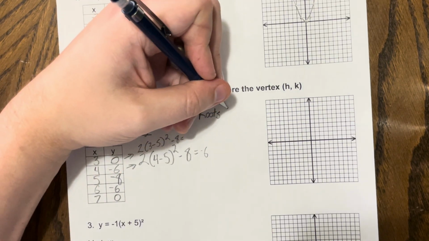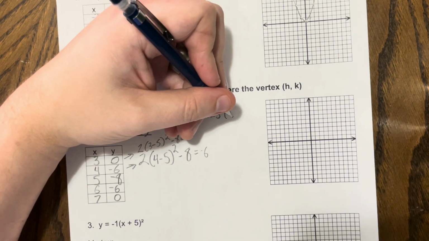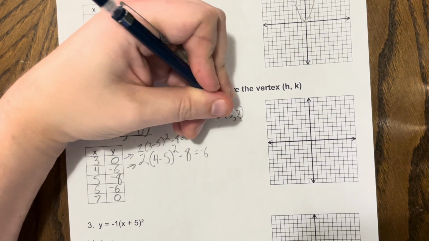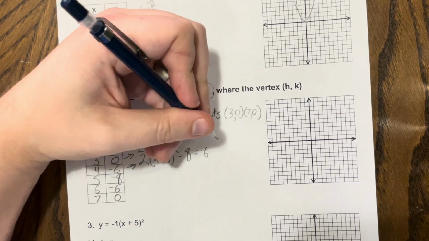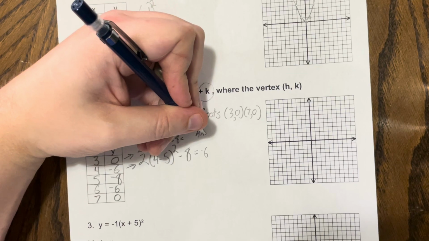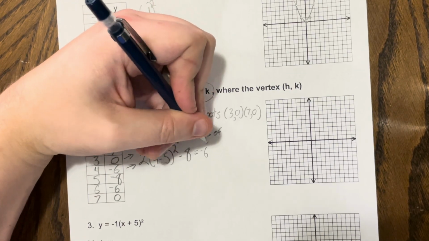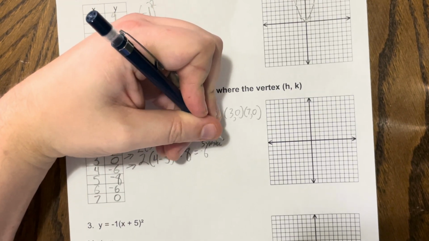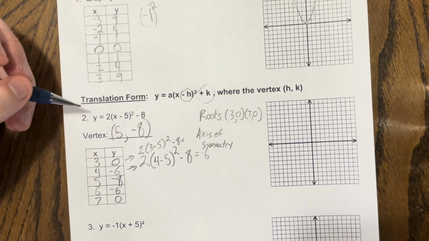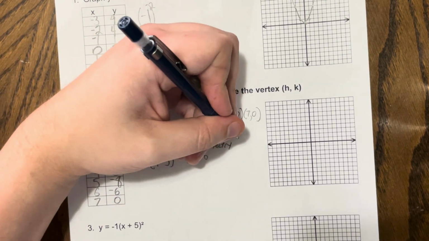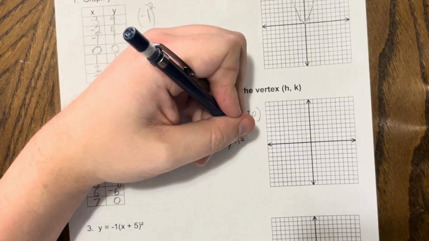My roots would be 3, 0, and 7, 0. And then my axis of symmetry is just the x value of wherever my vertex is. So we'll say it's x equals 5.